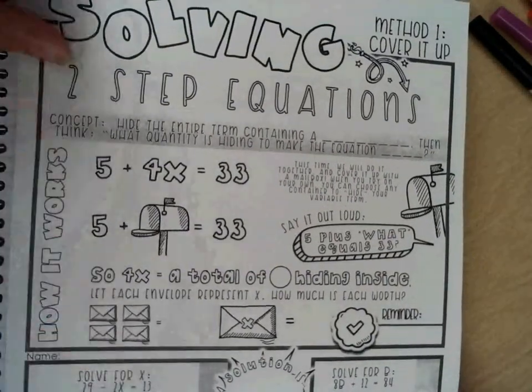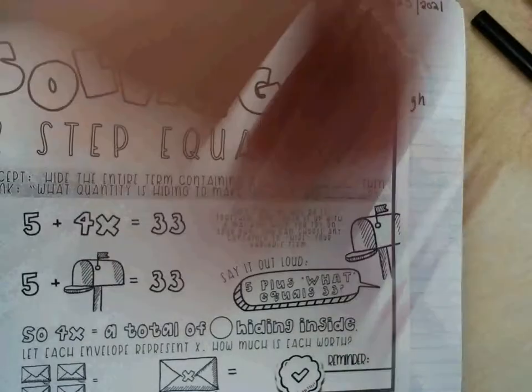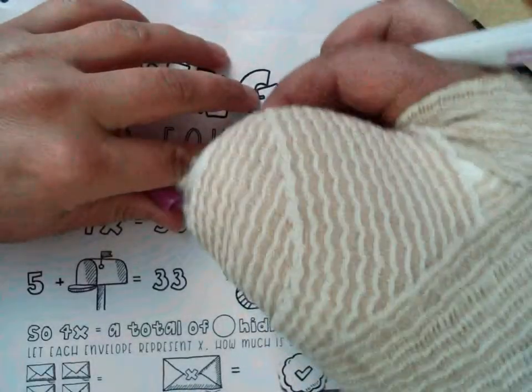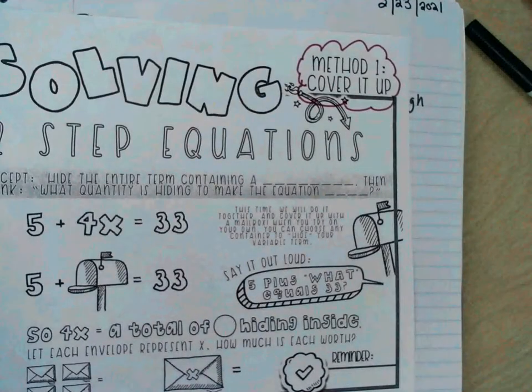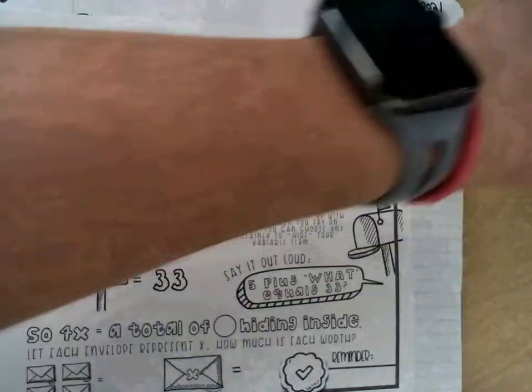And so notice, this is what they call method 1, cover it up. Okay, I will tell you, this is one way to kind of help you check for reasonableness.